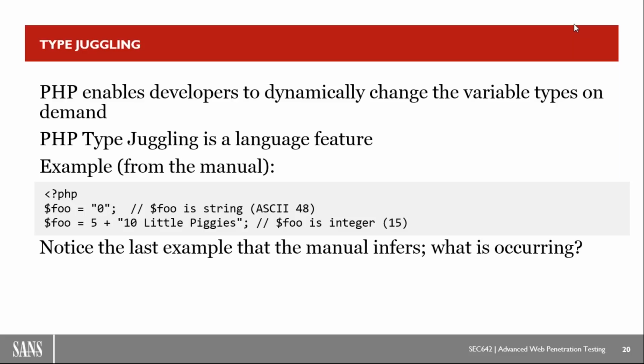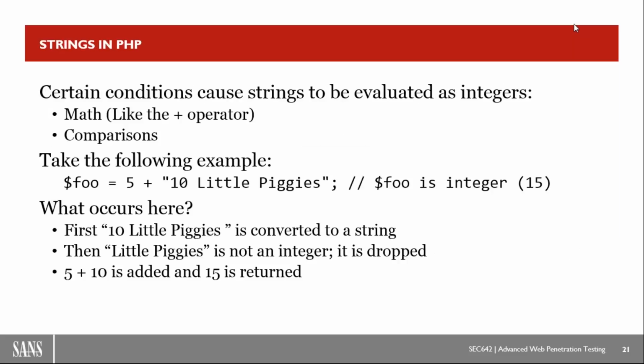I'm going to convert it to an integer, and if I can add 5 and 10, then I'm going to assume the developer made this an integer. It's an inference. So PHP takes the 10, lops off the little piggies, and says, oh, it's 15. Now foo is not 5 and a string, it's actually 15. On the surface this is not by itself an issue. It's just a feature of the language that it converts strings to integers and the like. By the way, this kind of explains it. So when you take the class, we talk about a lot of things.